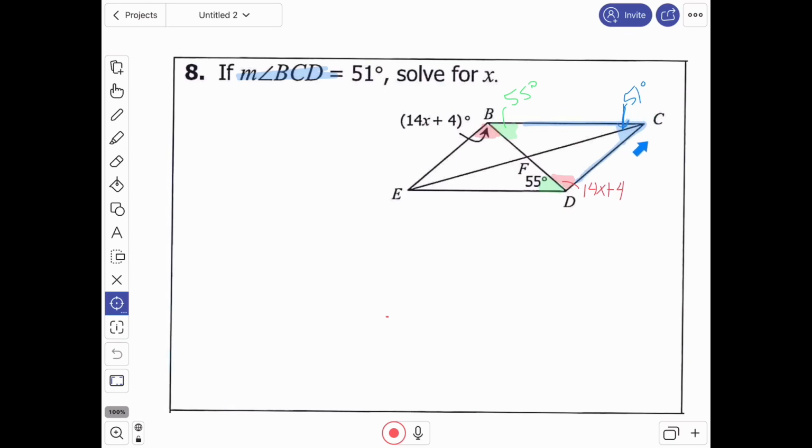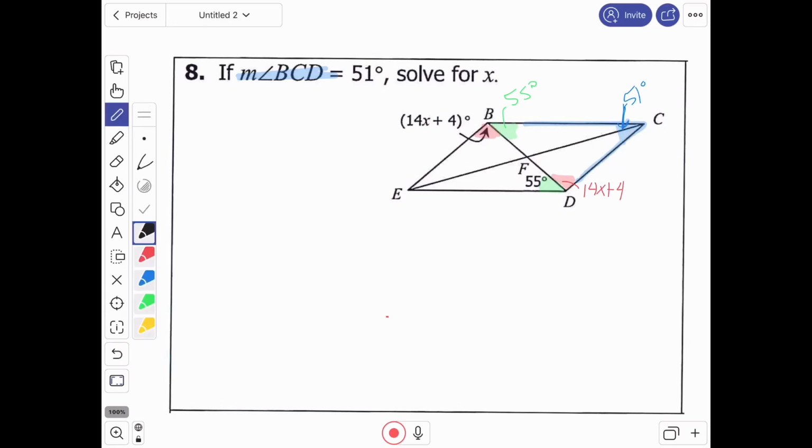Okay, if I think about this blue angle as a consecutive angle to these red and green angles, because you have to kind of erase the diagonals in here, I now have two consecutive angles, okay? So I'm going to take 51 degrees plus 14x plus 4 plus 55 and set all of that equal to 180, because I've now created two consecutive angles.